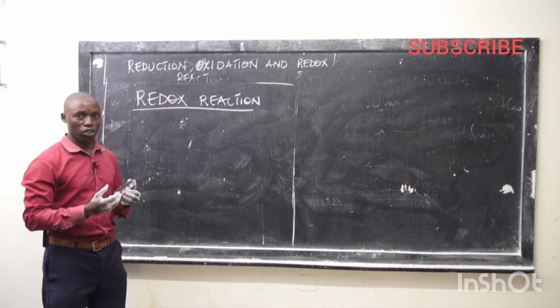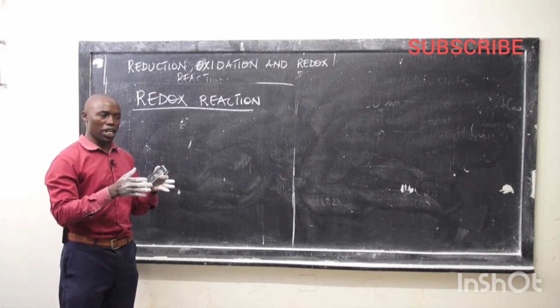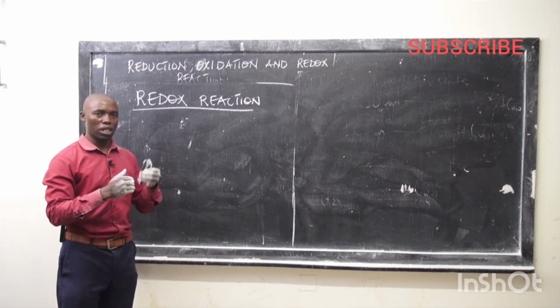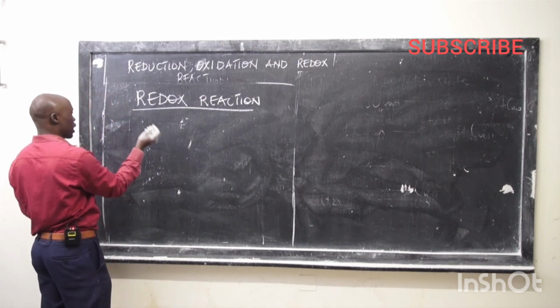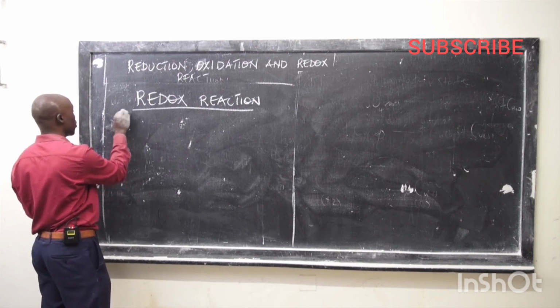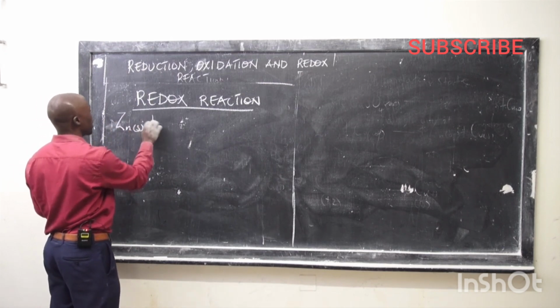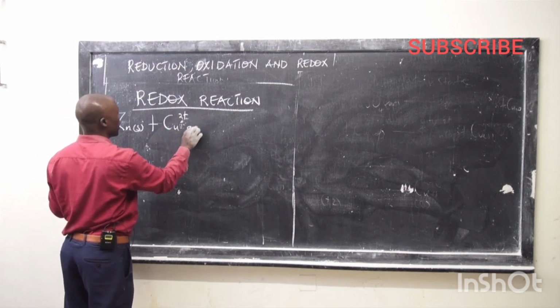Reduction and oxidation can never work isolated from each other. Every reaction that involves oxidation has a reduction in it. So we can take this example reaction, then we can give a definition. Consider the same reaction, zinc reacting with copper(II) sulfate.